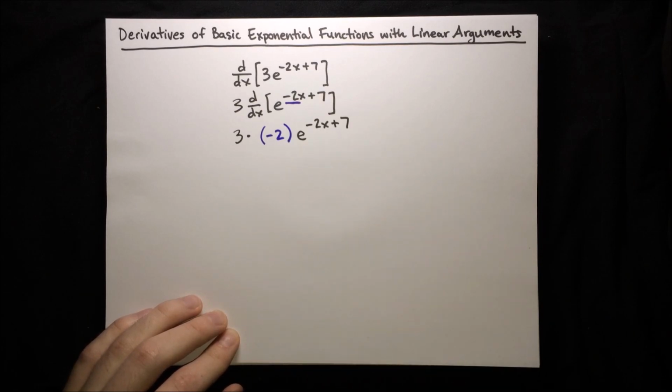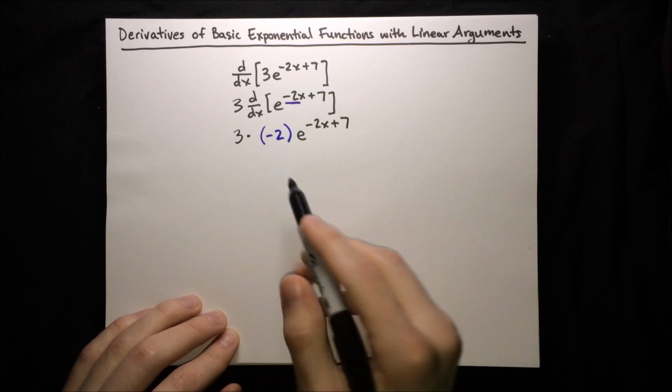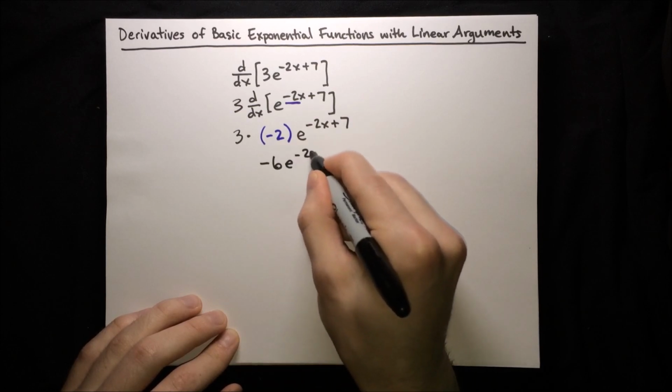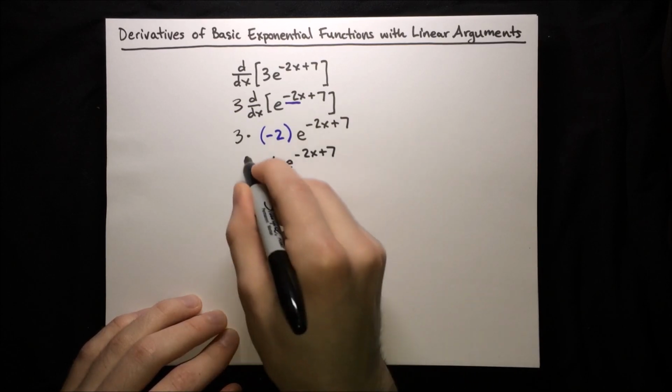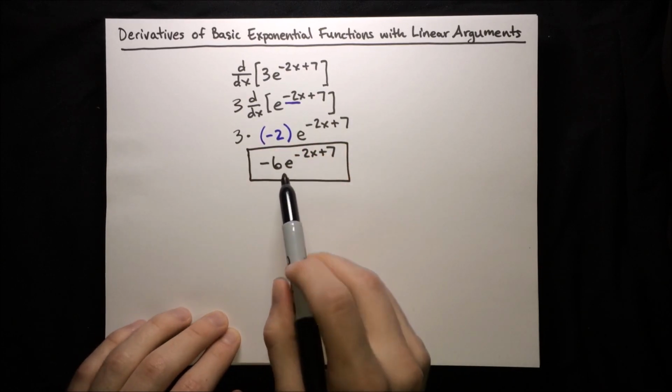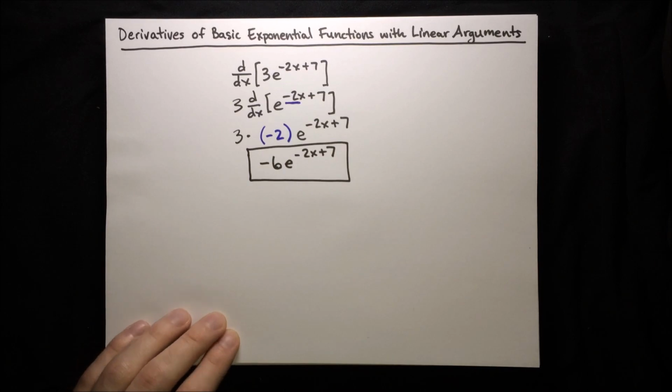So now we can go ahead and simplify. 3 times negative 2 is just negative 6, and then we've got our e to the negative 2x plus 7. There we go. There's our result. That's the derivative of our original expression.